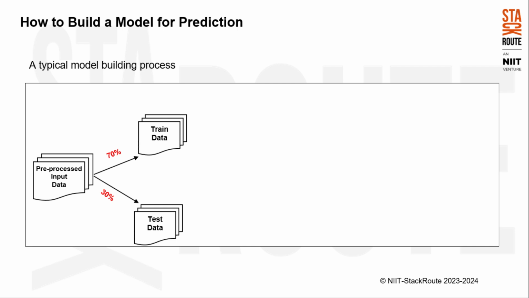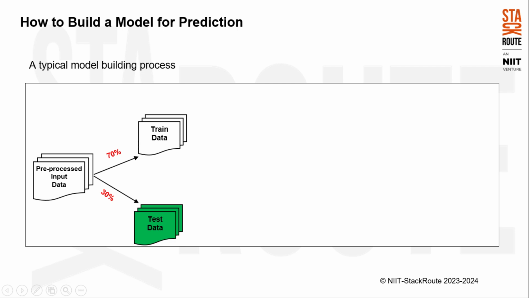So typically the split ratio is 70% and 30%. So the 70% data is called the training data, and on this data we have to train the model, that is apply the algorithm and build the model, and the remaining 30% is used for the testing purpose. Now, if my data is huge, I can take maybe 60% and 40%.